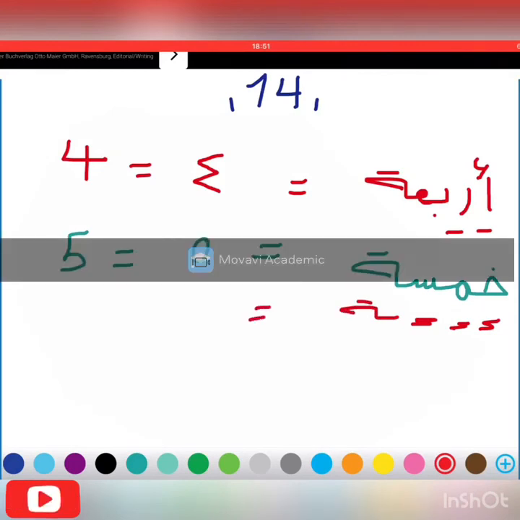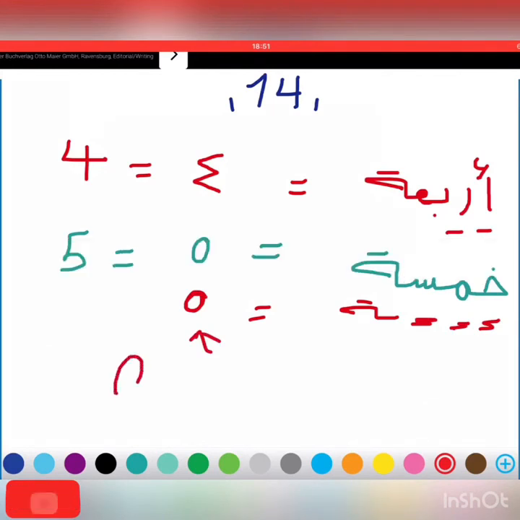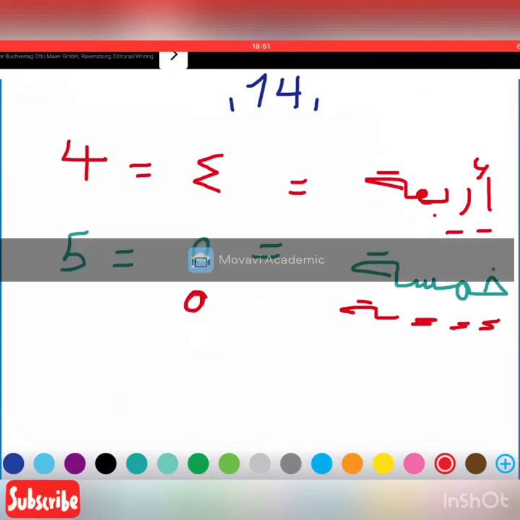And this is how we write خمسة in Arabic. It's just like 0 in English. But the 0 in English is like this, so a little bit longer. But خمسة is like this. Okay? This is خمسة, 5.